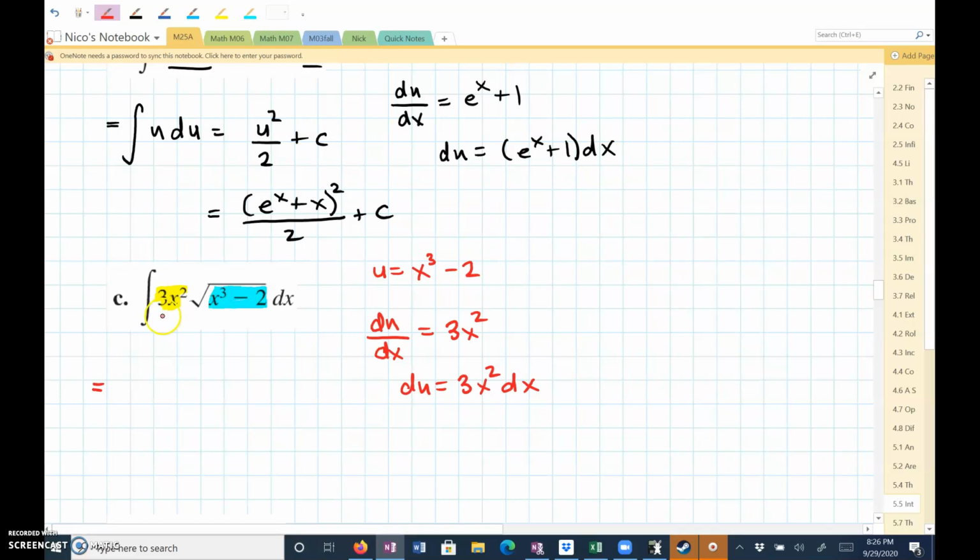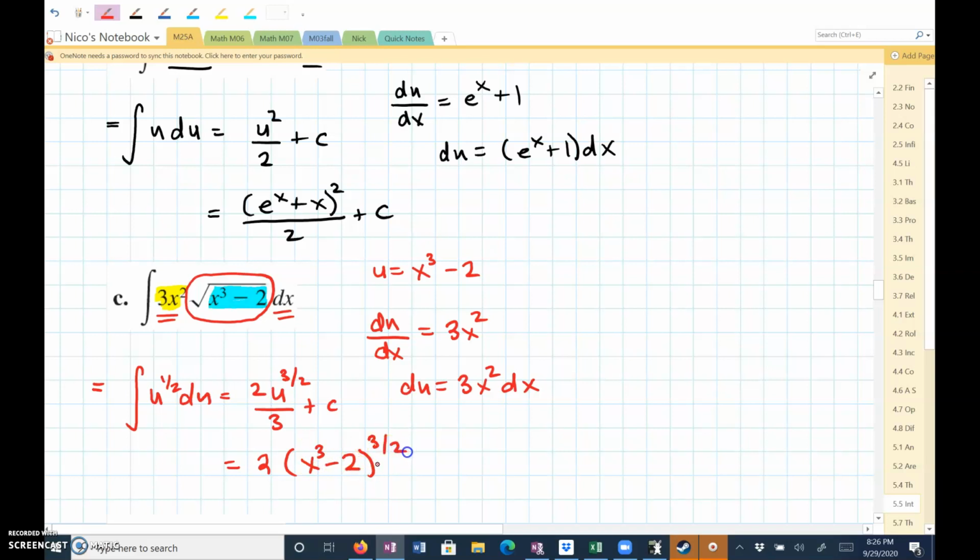So now I can substitute. This will become du. This guy will become u. So I'll have the square root of u, or u to the 1/2 power, du. And then when I take the antiderivative, it'll be u to the 3/2 times 2/3 plus c, where u is x cubed minus 2, so x cubed minus 2 to the 3/2 power divided by 3 plus c.